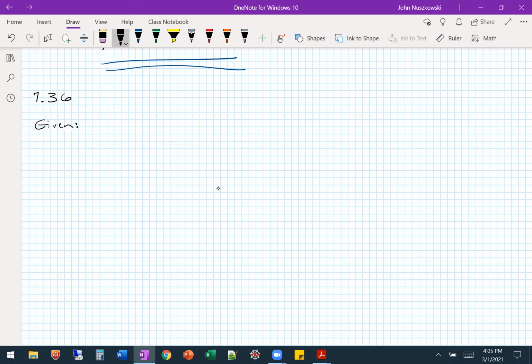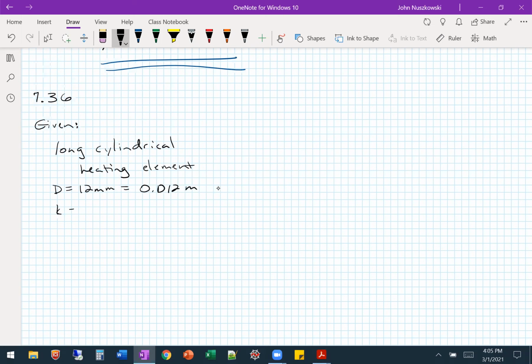Okay, all right. So we have a long cylindrical heating element. We have a diameter of 12 millimeters, which is 0.012 meters.